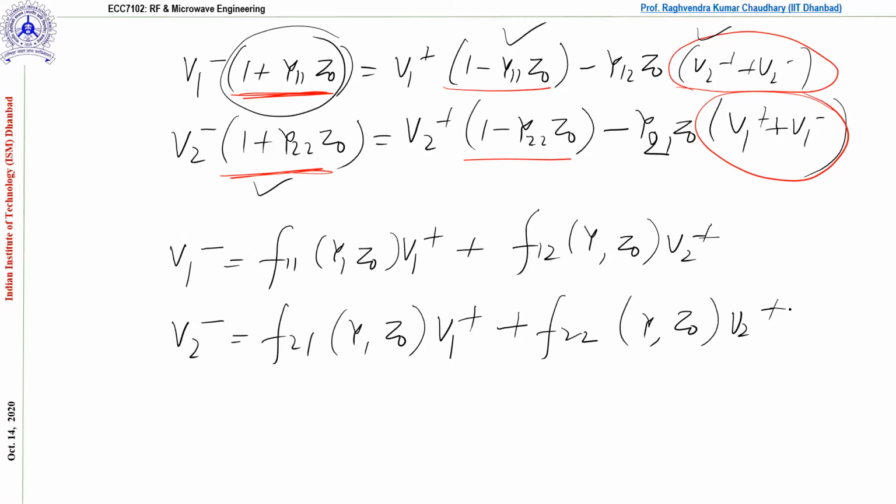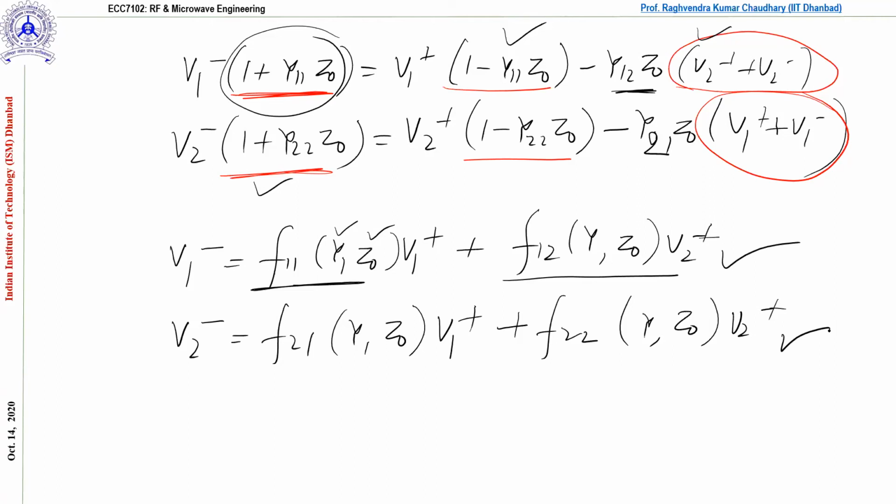Can we write this? Yes, of course, because these functions are functions of Y and Z0, which is quite clear from the above equation. Here you can also see that V2 plus is also a function of this, so combined we can write it like this.